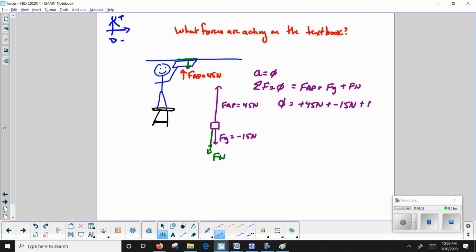And I have my normal force. So when I add these two together, something interesting happens. This becomes positive 30, and then my normal force becomes negative 30. So here, my normal force, believe it or not, is acting downwards.